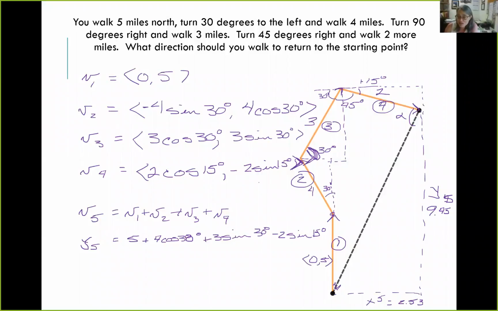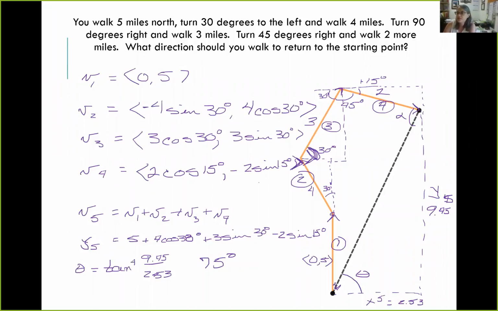What I really want is this angle, right? Well, I can get that because my angle, we'll say it's theta. The tangent of theta is y over x, so theta is the inverse tangent of 9.45 over 2.53, which gives us 75 degrees.